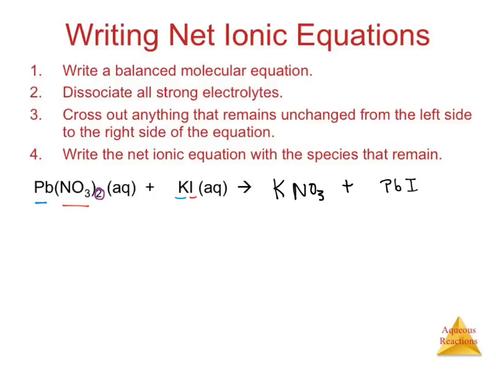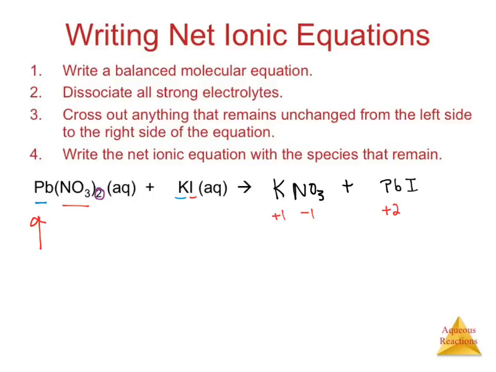What is the charge of potassium? +1. What is the charge of nitrate? Is that product balanced? Yes. What is the charge on lead? +2. It's a little bit tricky. How do you know it's +2? Because it changed. We can go back to our starting material and realize that lead started at a +2.